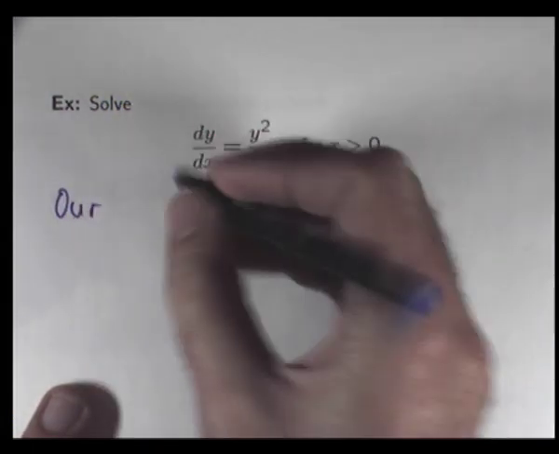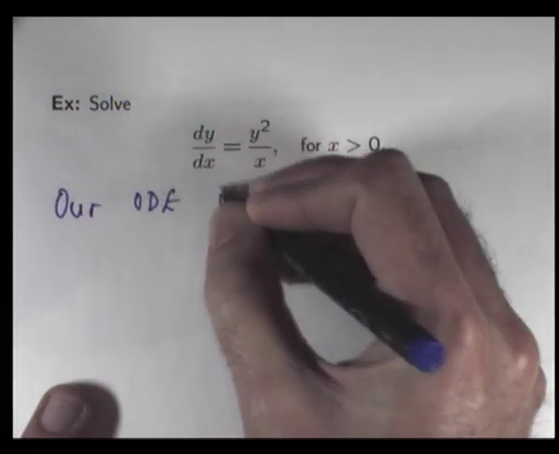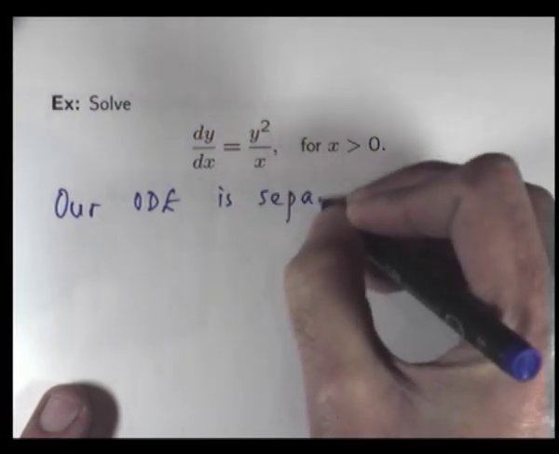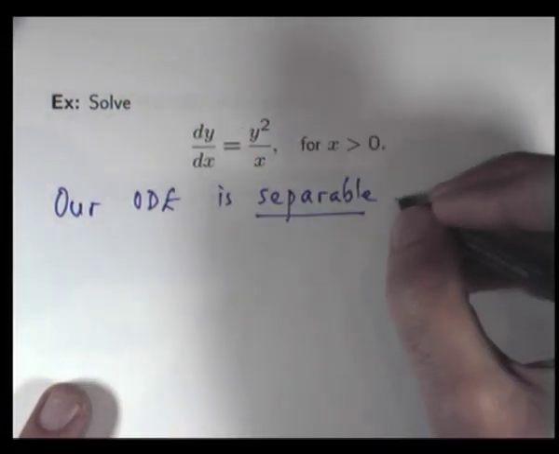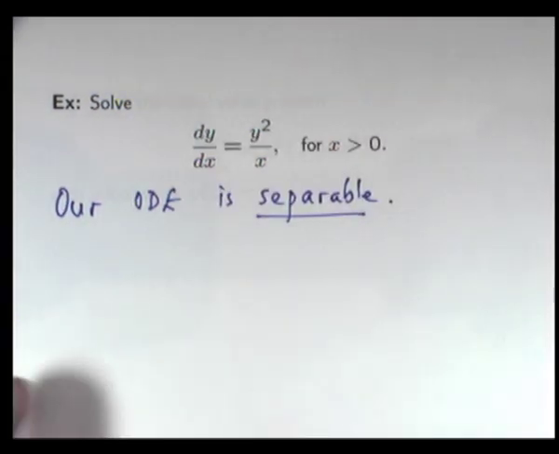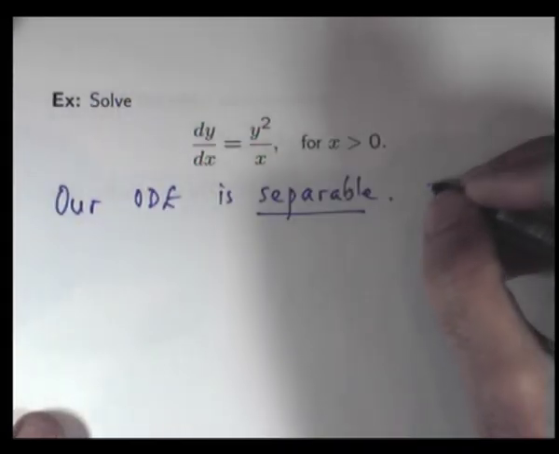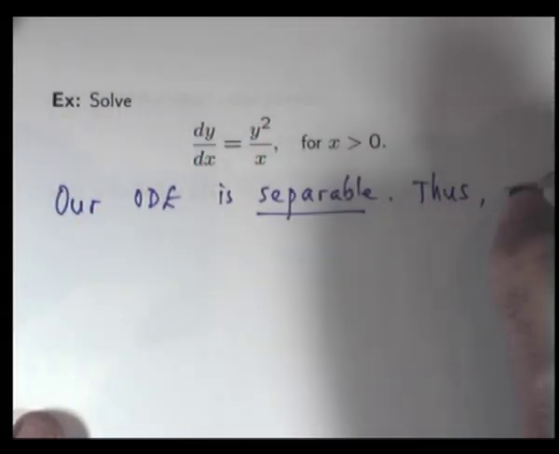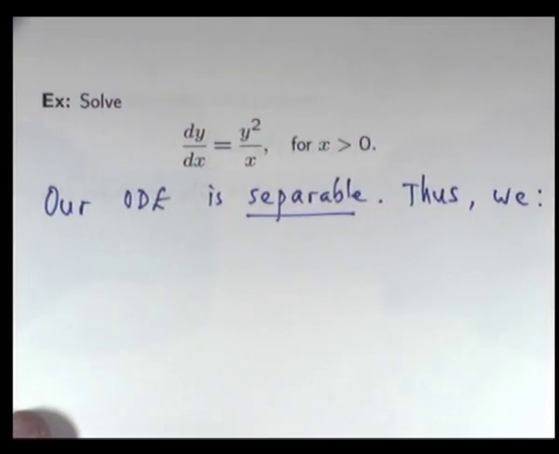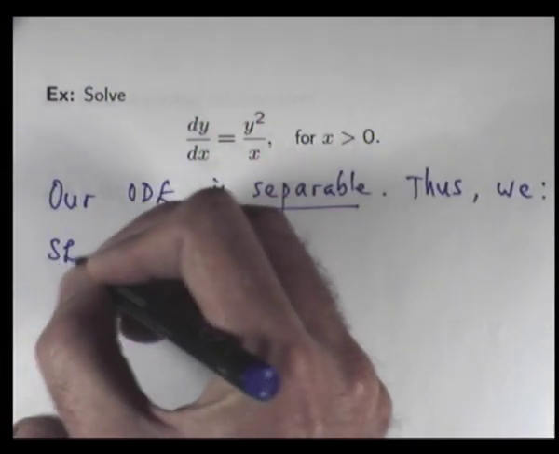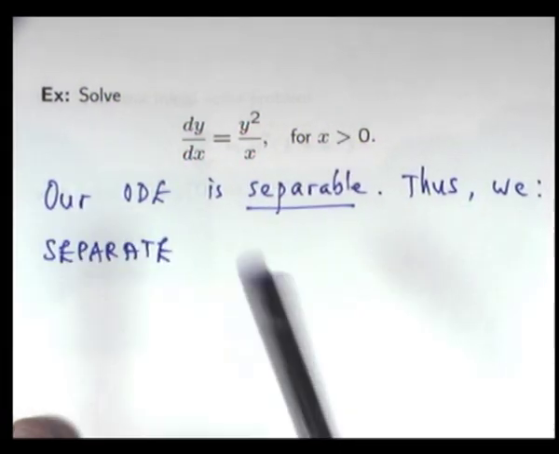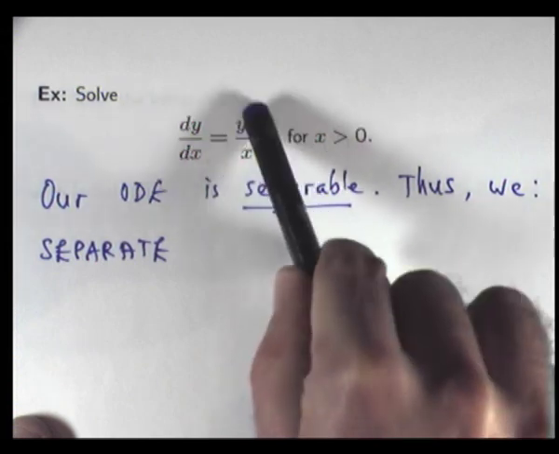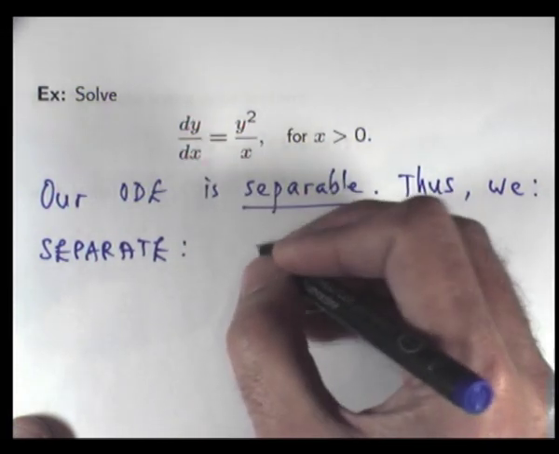The first thing we recognise is that our ODE is separable. So we separate the variables and we integrate both sides. Thus we separate. I'm going to bring that dx up there and that y squared down there.